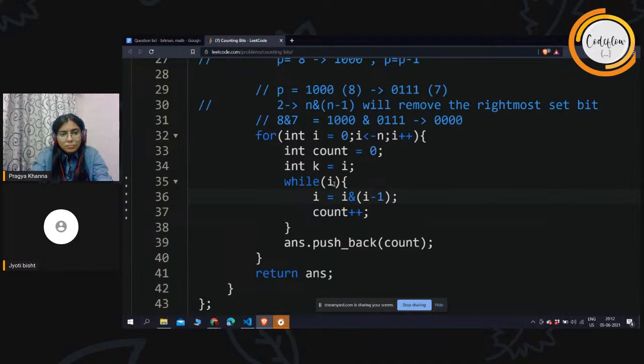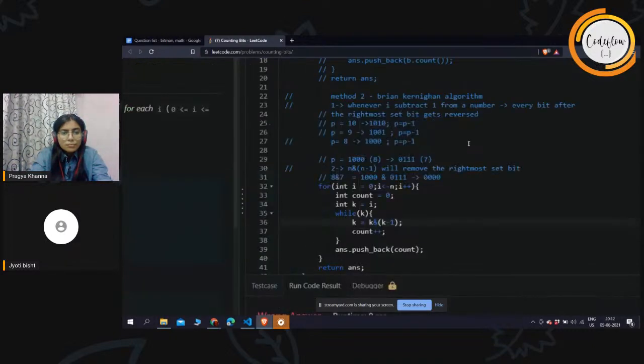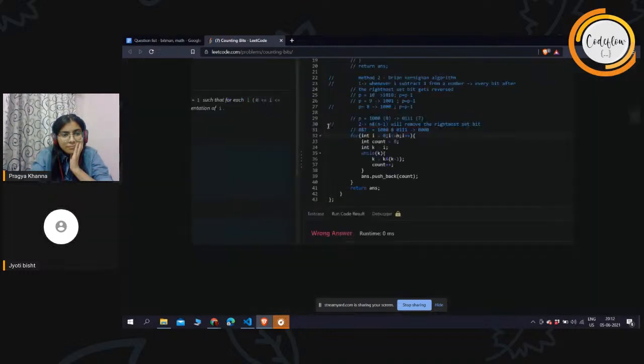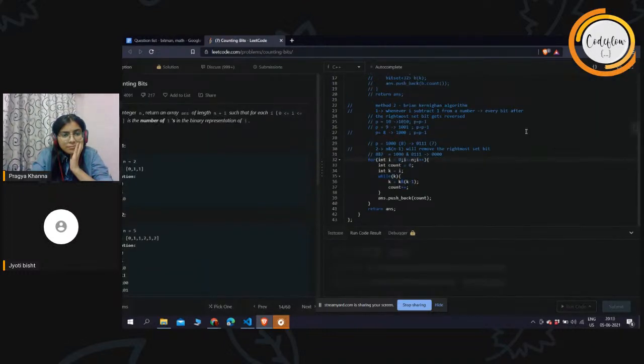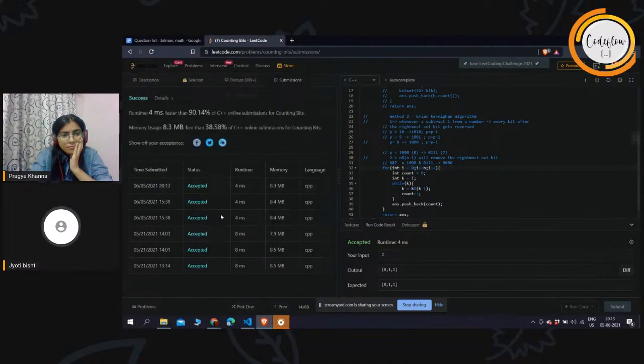Oh god, that is so stupid. There is some error in this code. Just let us see this. Okay, makes sense. It was just a syntax error.